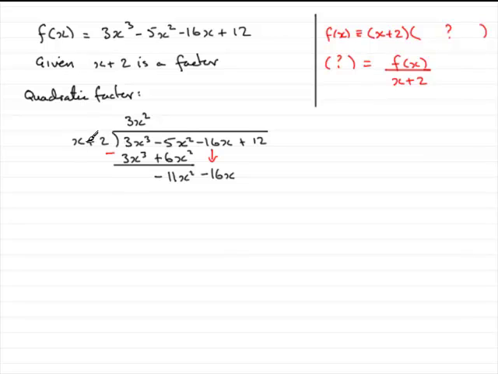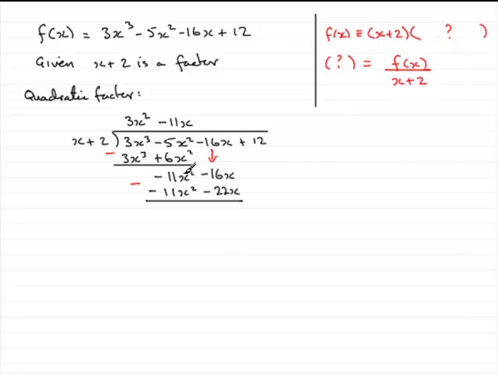What do we multiply the x by to give minus 11x squared? And that's going to be minus 11x, and we put that up the top there, and we multiply the minus 11x with the x plus 2, and we get minus 11x squared, and then minus 11x times plus 2 is minus 22x. Once again, subtract to find out what the remainder is.